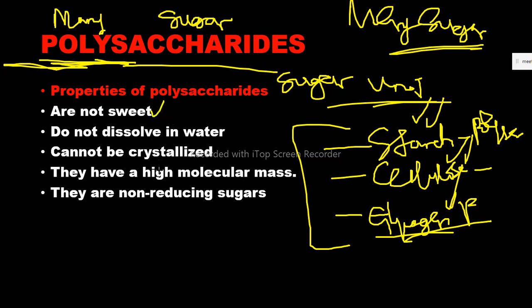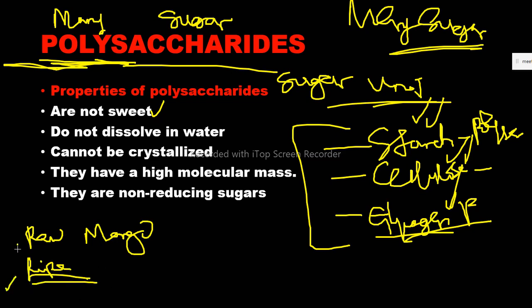This is obvious. If you eat a raw mango and a ripe one, which mango is sweeter? Now obviously all of you are saying ripe. So why is a ripe mango sweeter than a raw one? It is because a raw one has more starch, and starch is a polysaccharide.